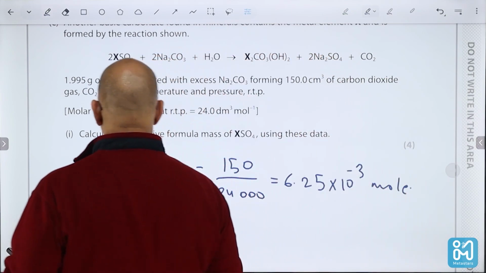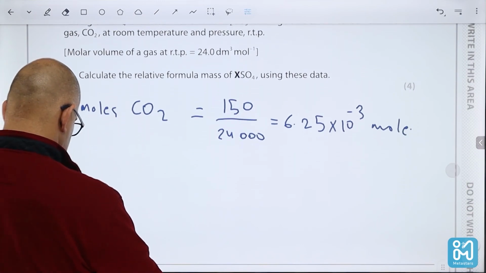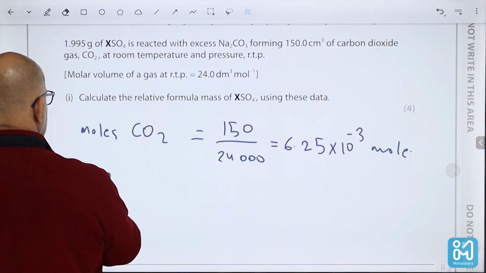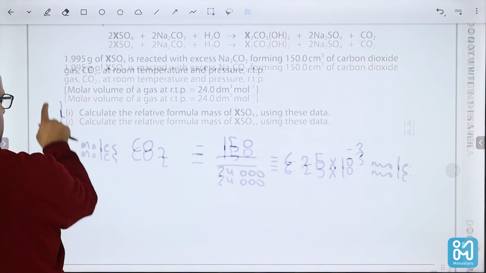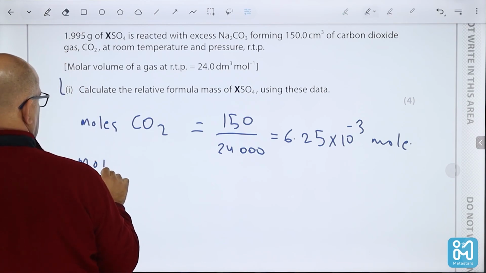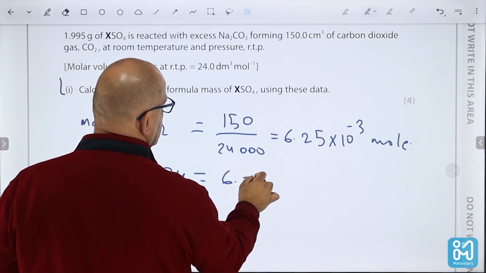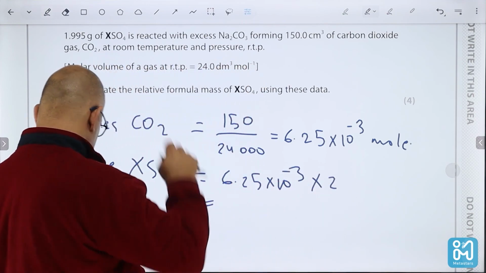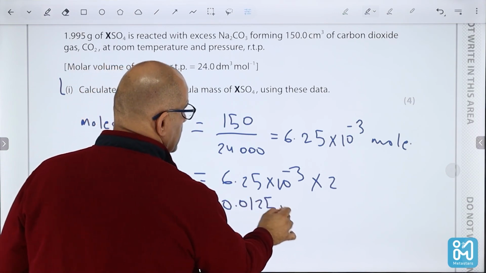By using the molar ratio, times 2, the moles of XSO4 equals 6.25 times 10 to the power negative 3 times 2, which equals 0.0125 moles.